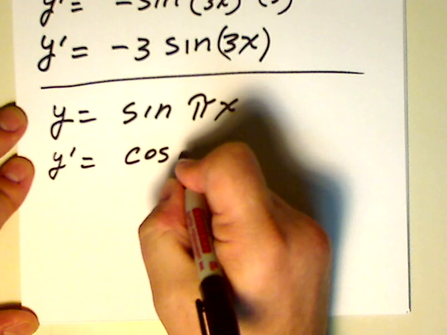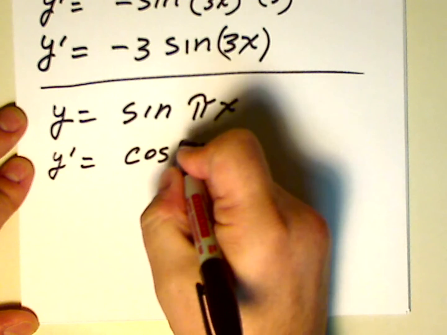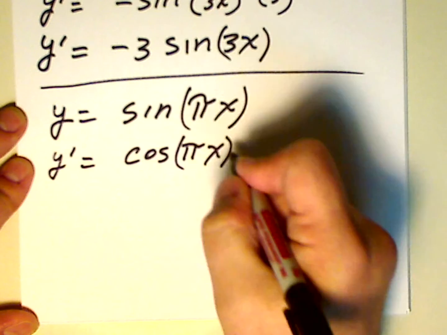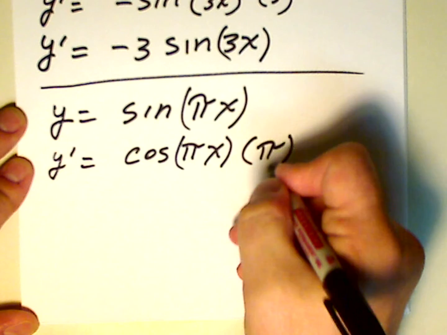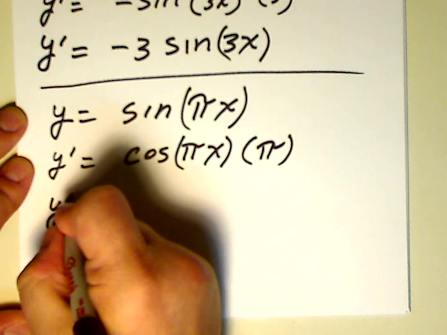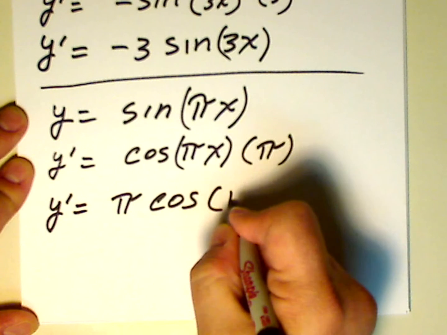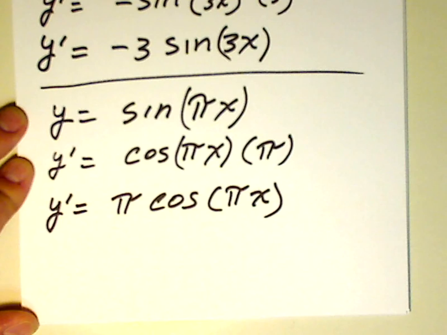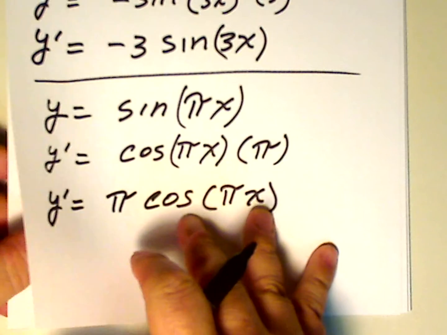So it's cosine, and we'll repeat that, pi x. Actually, I prefer to put parentheses around these things. And then the derivative of pi x is just pi. So the derivative here is pi times cosine pi x. So there's that one. That's a relatively easy problem, and it's a chain rule problem.